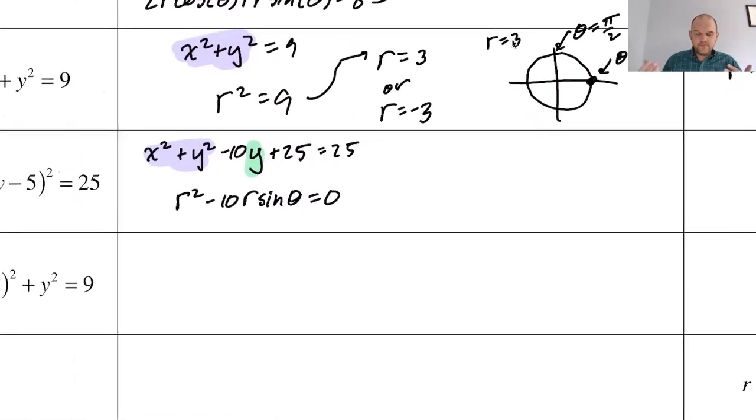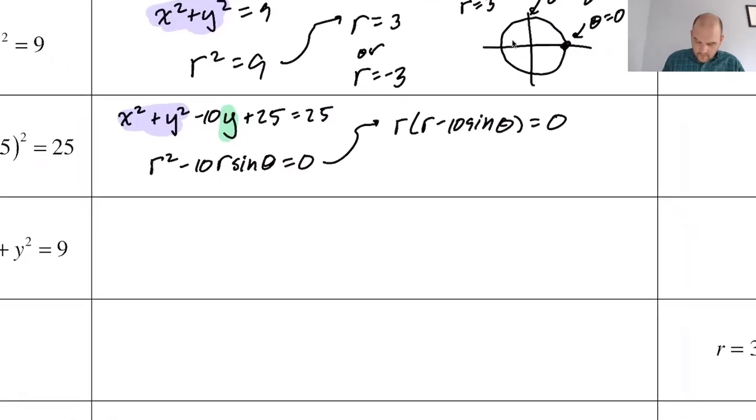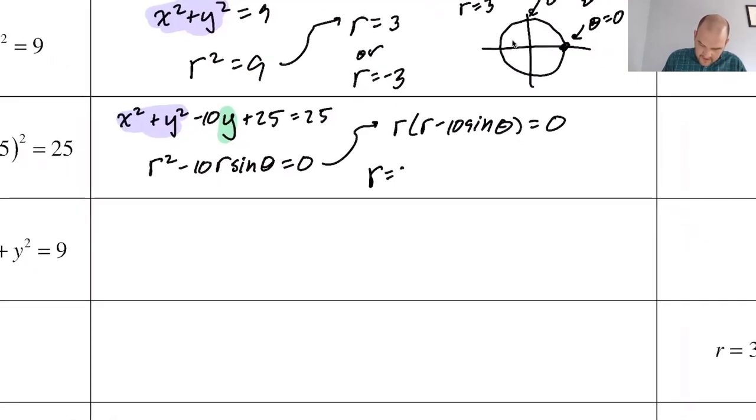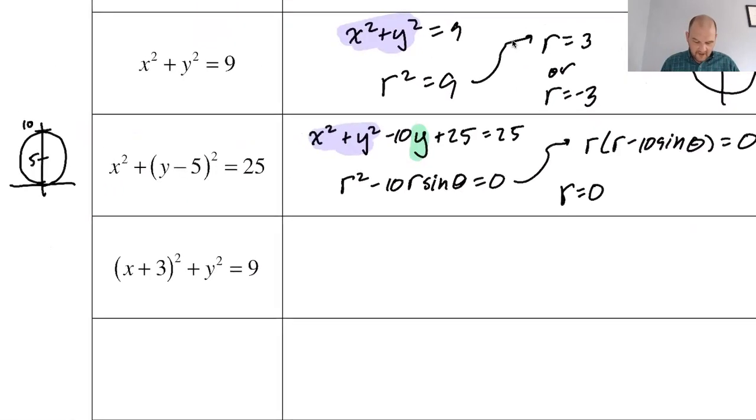Where do we go from here? Well, I can factor. That'll be r times r minus 10 sine of theta equals 0. Now I can solve. Either r is equal to 0, which seems suspicious because I've seen the graph and I know I am not always sitting at the origin, which means that what I just got was an extraneous solution.